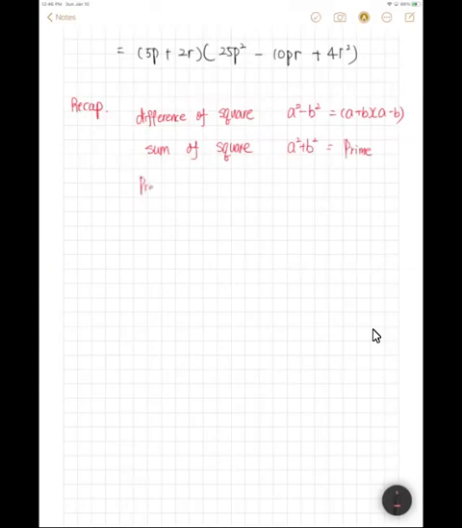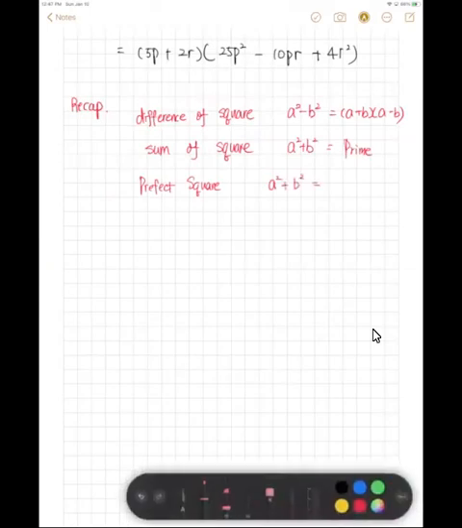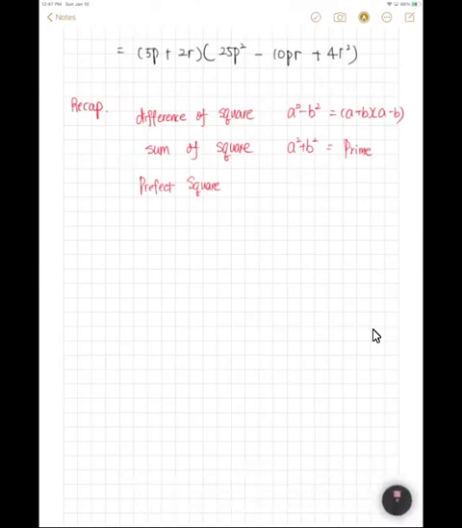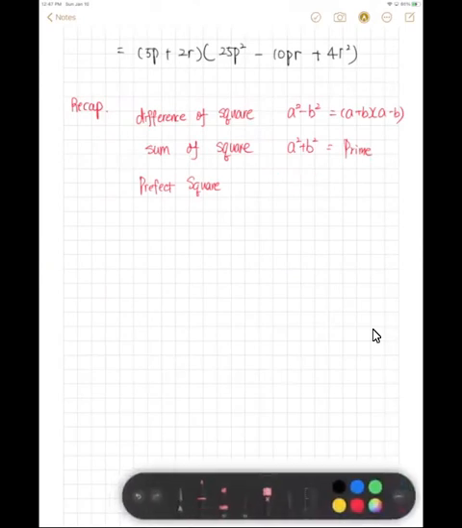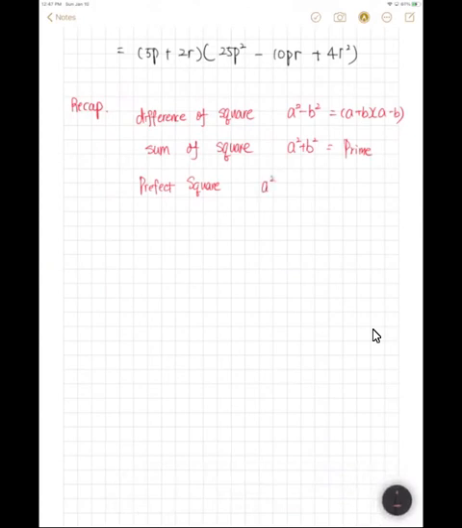The next one is perfect square, which is a squared plus 2ab plus b squared equals (a plus b) squared.